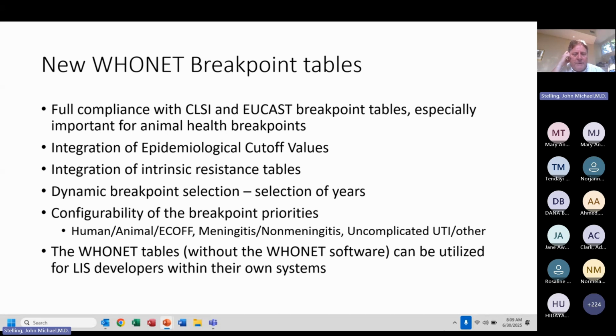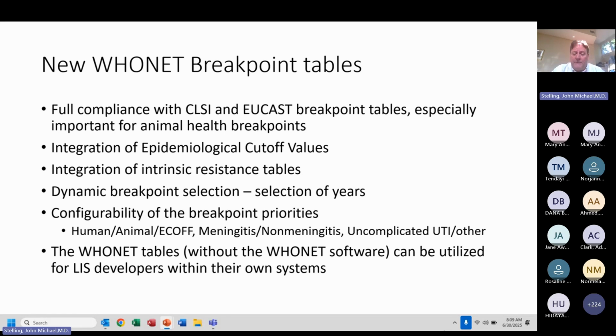So there are examples where on day 1, the bacteria will be susceptible, but if you continue to treat the patient for 10 days, there's a high risk of a mutation, a high risk of resistance from that organism. So the intrinsic resistance rule says if it's Klebsiella pneumoniae, if it's ampicillin, it's resistant. Ignore the zone diameter. And we have put those into WHONET.